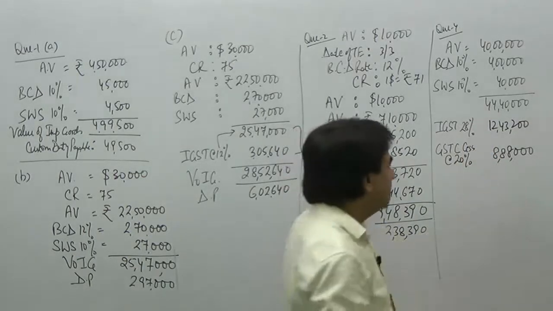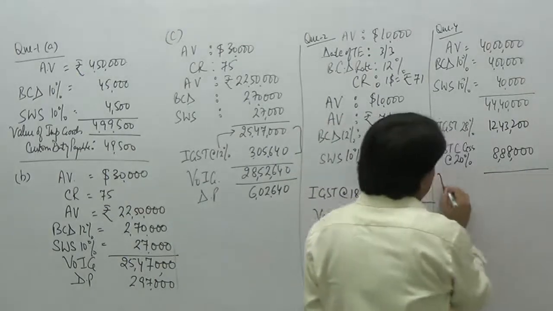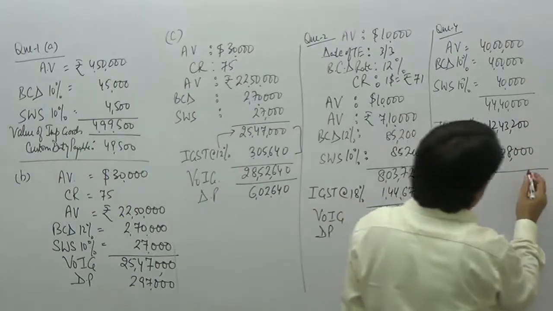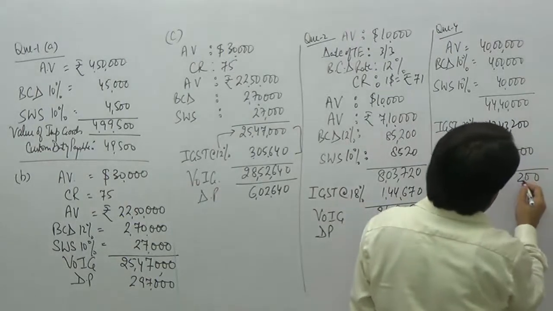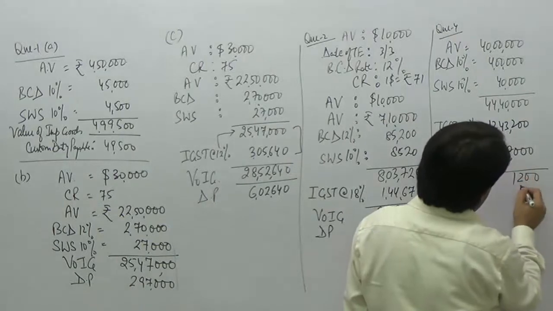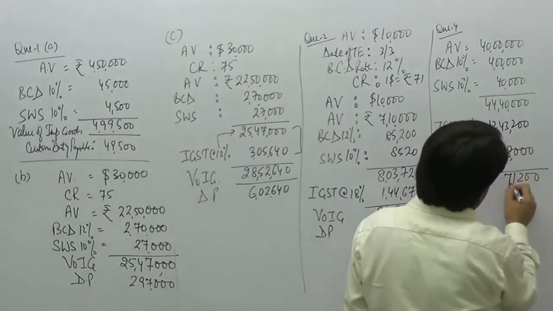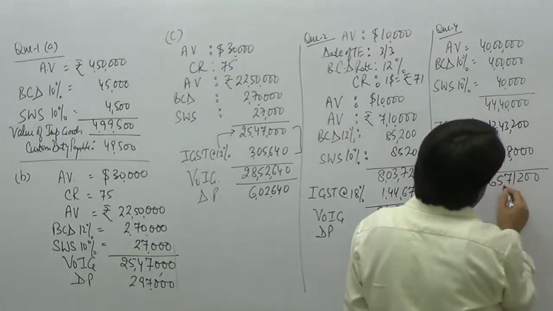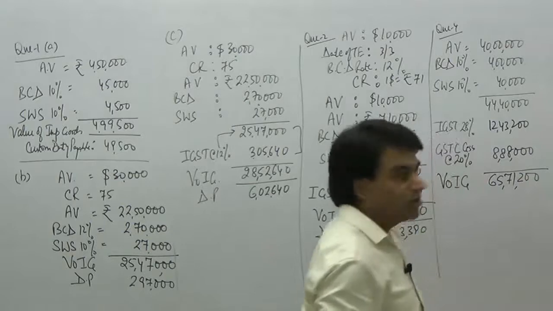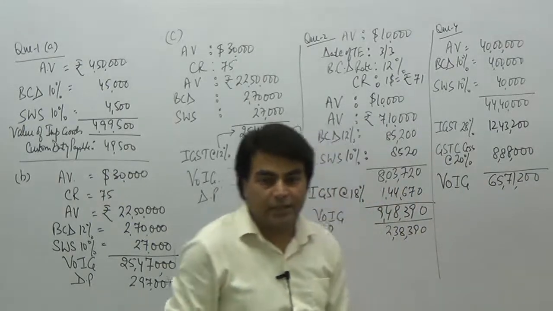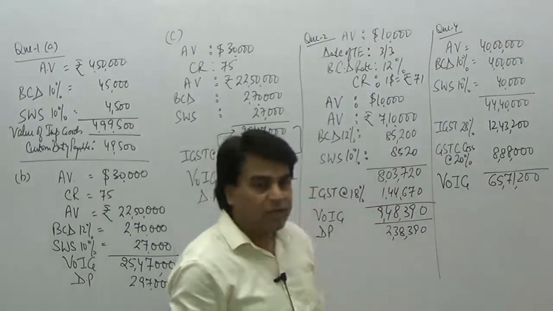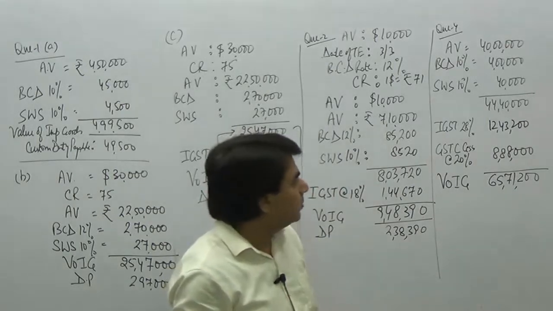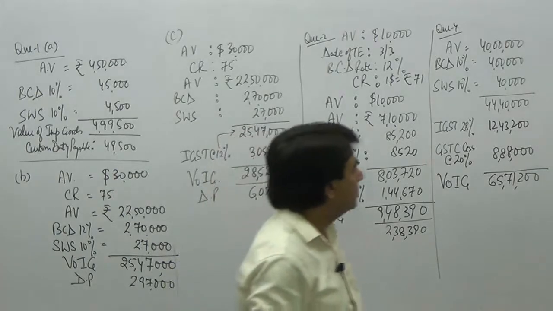Right? Now, please see the value of imported goods. It is this plus this plus this. 65,71,200, this is what we have got, which is our value of imported goods.